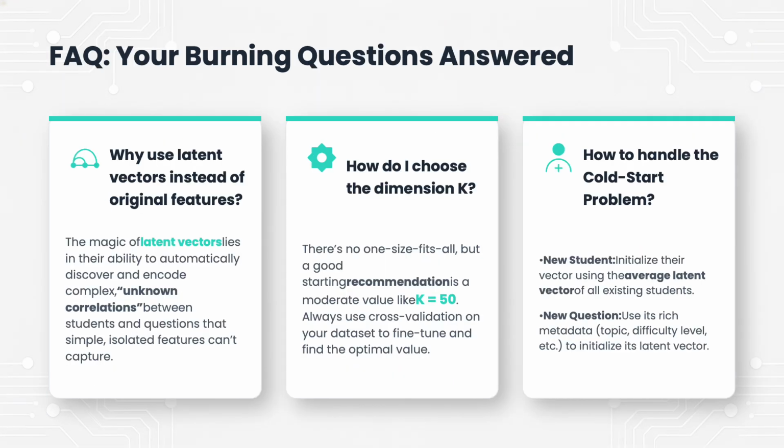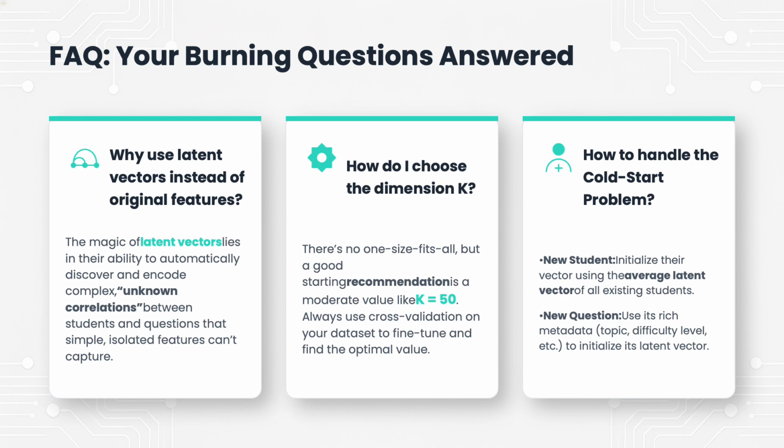Let's wrap up by addressing some common questions. First, why go through the trouble of using latent vectors? Because real-world patterns are complex. Latent vectors allow the model to discover hidden connections that aren't obvious from the raw data. Second, how do you choose the right dimension k for the latent vectors?